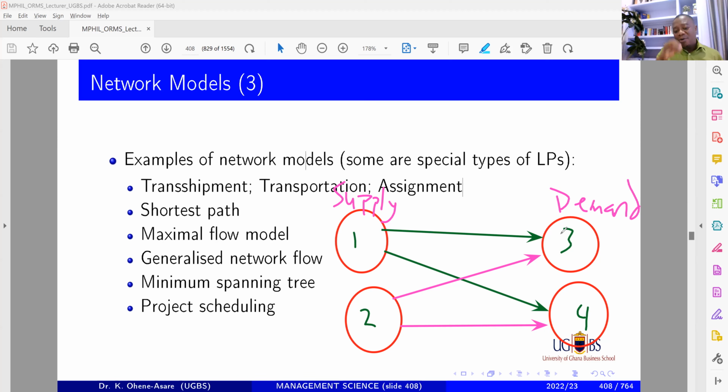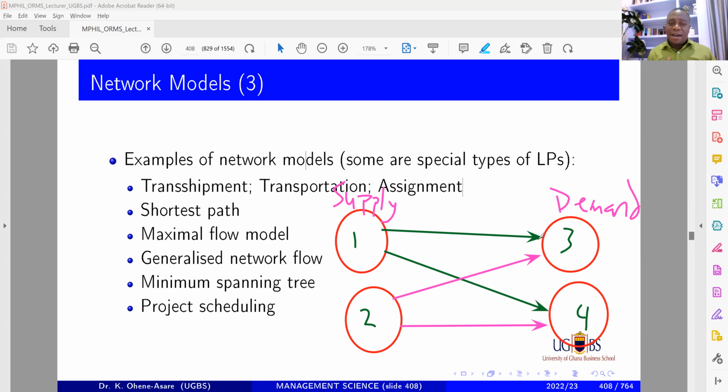And so the warehouse in Tema becomes a supply node, and the shop in Kumasi becomes the demand node. But the items that are transported are represented by the arcs here.